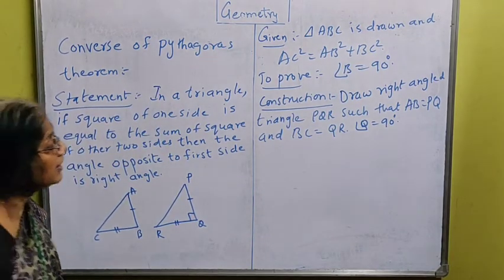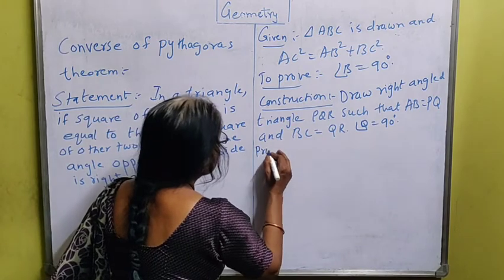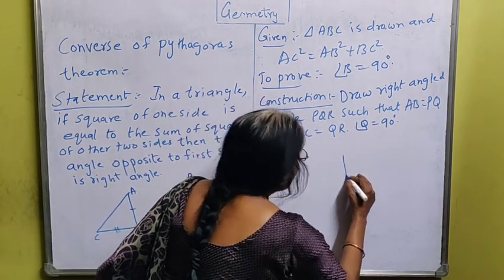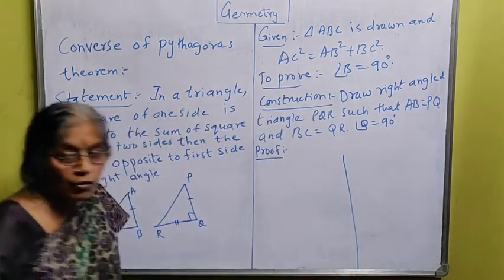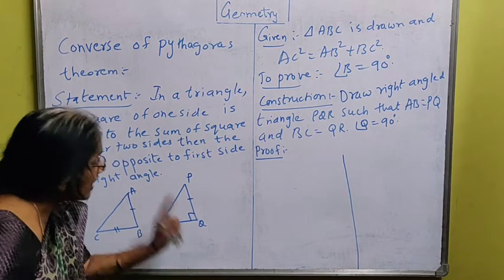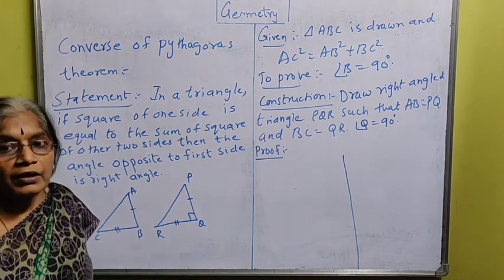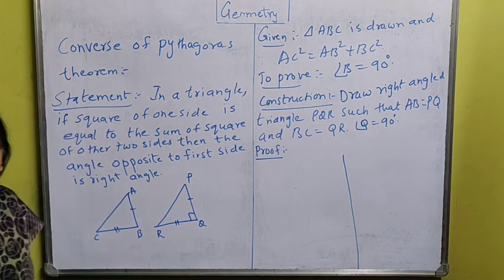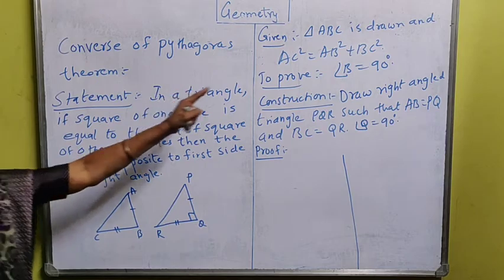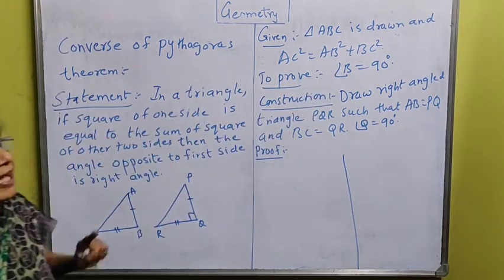So now let us start with the proof. What is the proof given to us? That is what we have to prove: that angle B is 90 degrees. Now in triangle ABC it is given, what is given to us? AC square is equal to AB square plus BC square.